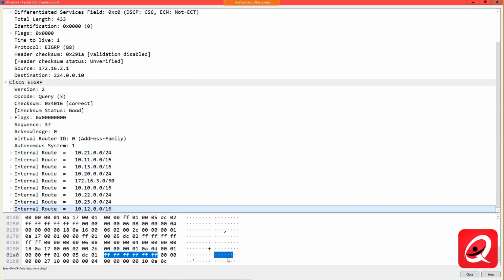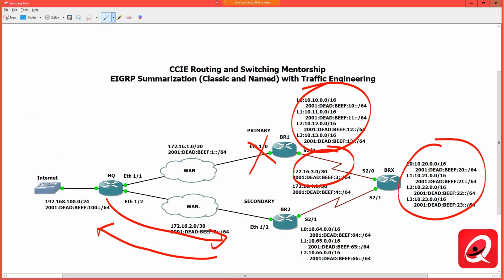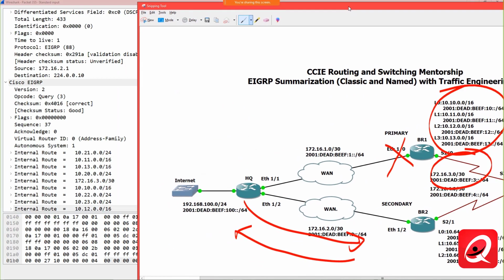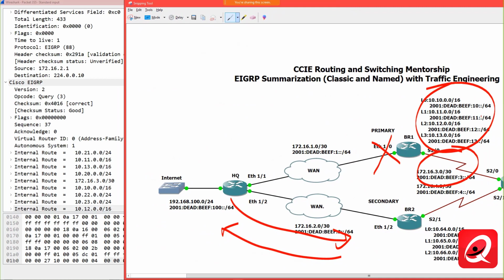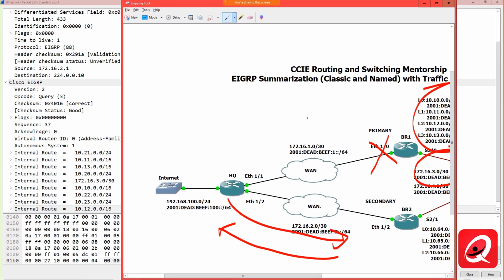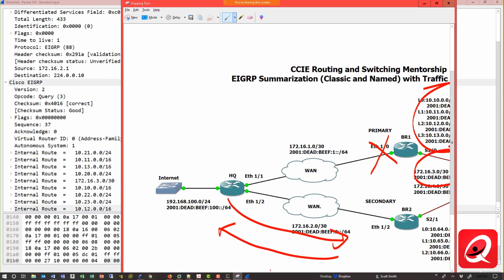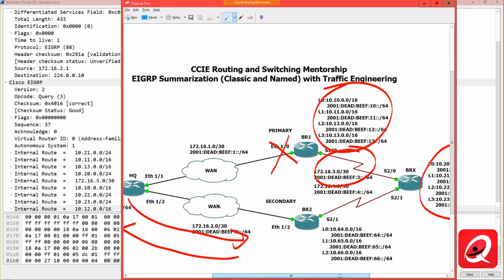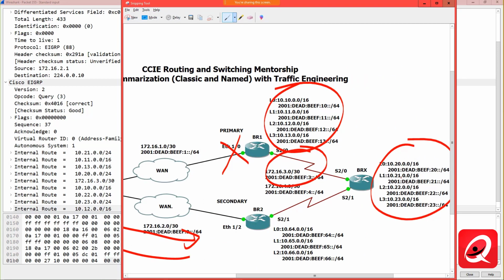And if you look at the topology diagram, move this over here a little bit. So 21, let's do this. So 21 is this loopback here, makes sense. 20 is this loopback here. 22 and 23, so we see those loopbacks there.